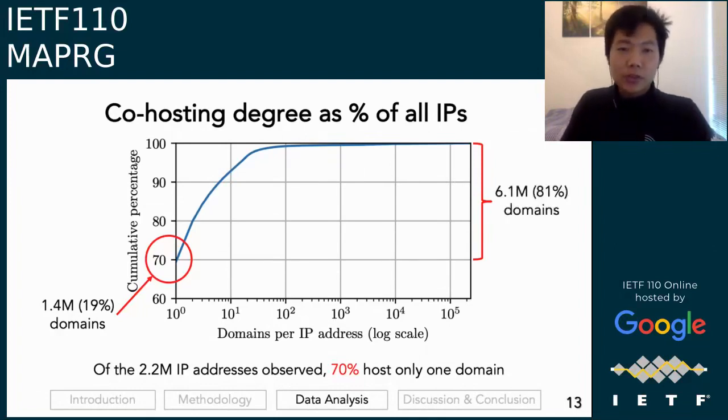And the rest 30% of IP addresses host 6.1 million domains, which is more than 80% of domains in our study, which shows some co-hosting degree among this group of 6.1 million domains.